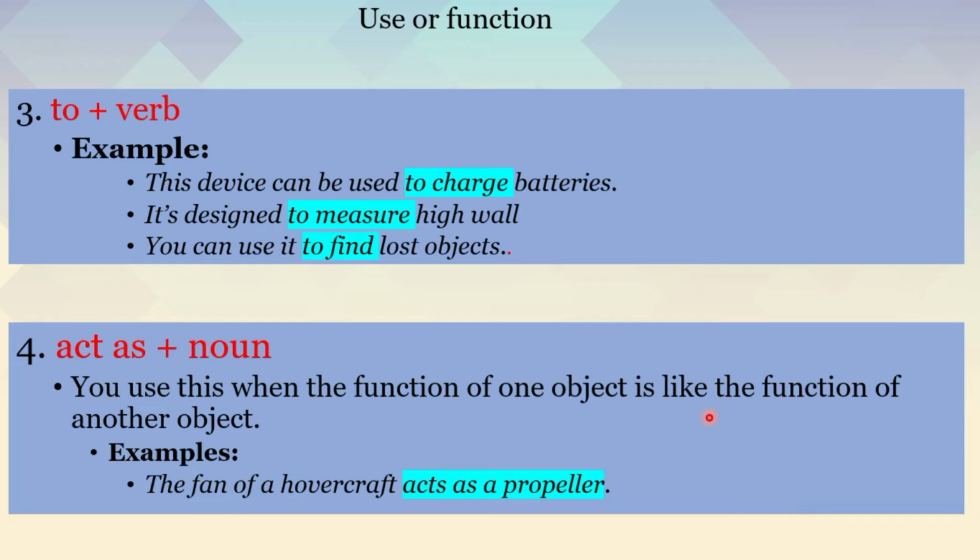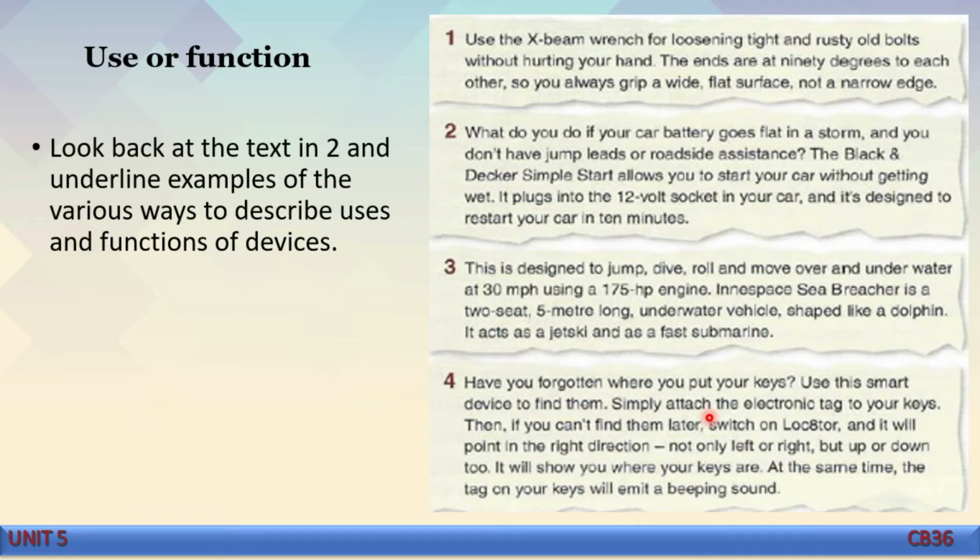Now, let's find some examples of the ways of talking about the use or function of a device from a text. Good. Look back at the text in 2, this text, and underline examples of the various ways to describe uses and functions of devices. Pause the video and find the examples.